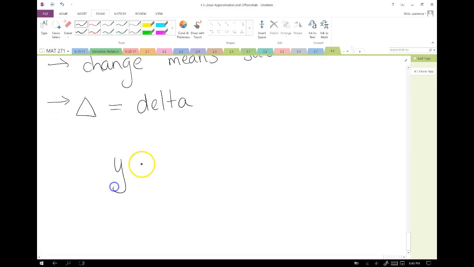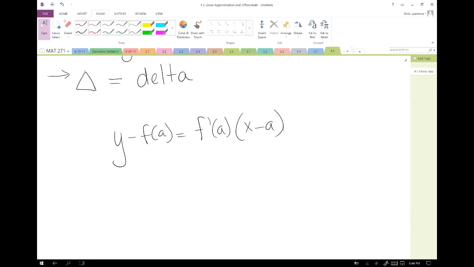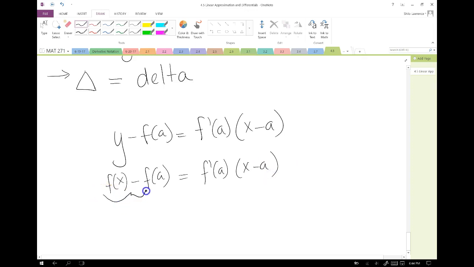So we had y minus f of a equals f prime of a times x minus a. We said this was point slope form with a little bit of calculus and function notation plugged in. Well, if we further extend our function notation, y is the same as f of x. So what we have right here is just a difference in y values.